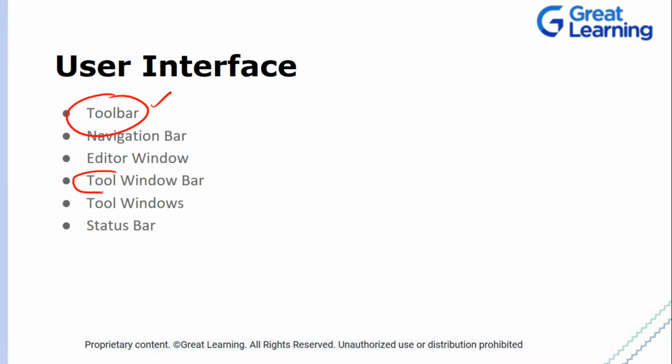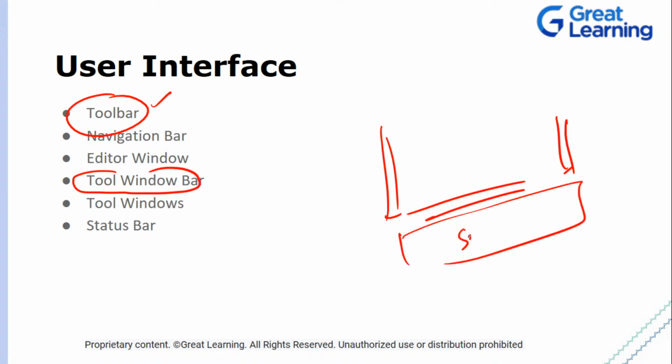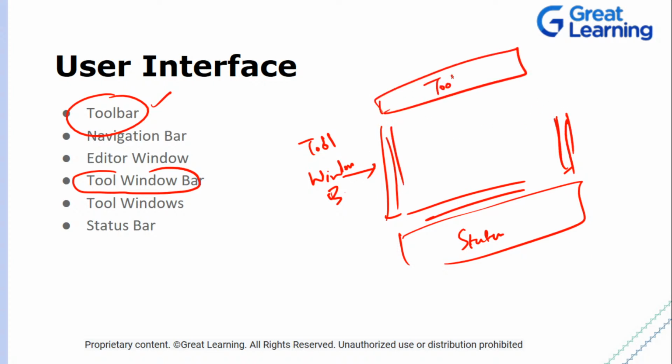Then you have the tool window bar on this side and on that side, and down here the status bar. Then you have the first toolbar over here, and next is your navigation bar.